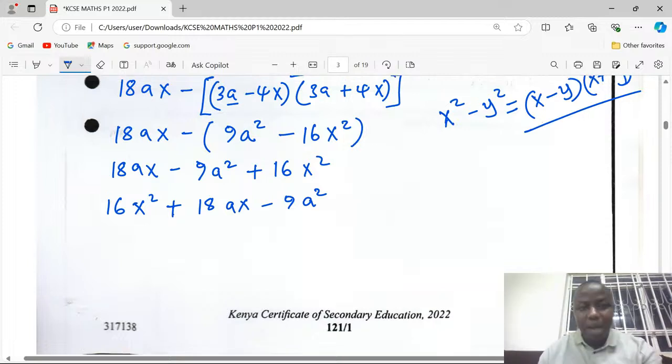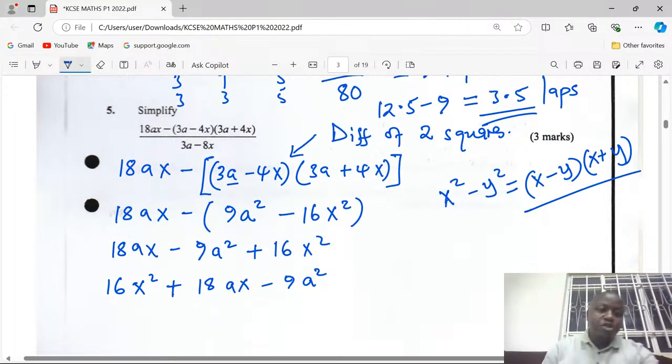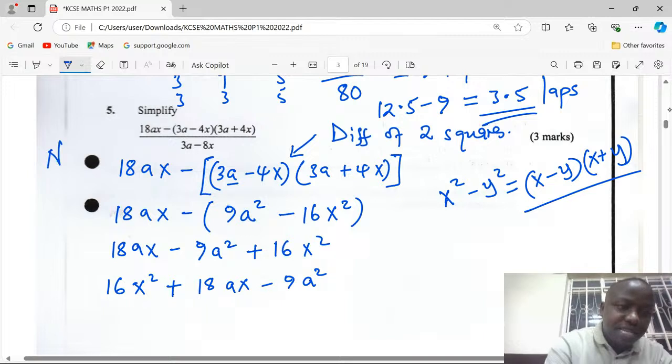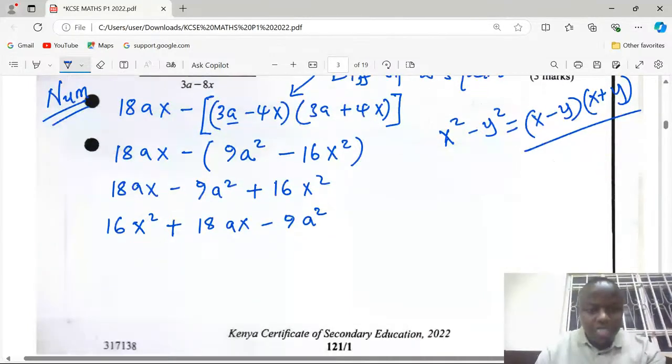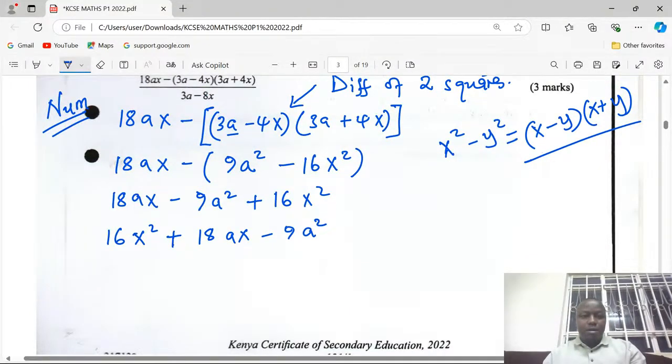Remember, I'm first of all working on the numerator. I'll be presenting the denominator. Then we combine the solution. So at this point, we can factorize this numerator once again. We have rearranged until it is a quadratic expression.